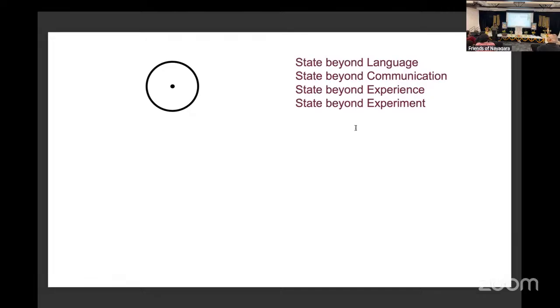So the language has its own barrier. You cannot explain the complete experience of your experience. That itself is a subjective experience, so there itself, you cannot explain what it is. Absolutely. That itself is a subjective experience which you can only experience but cannot be explained.